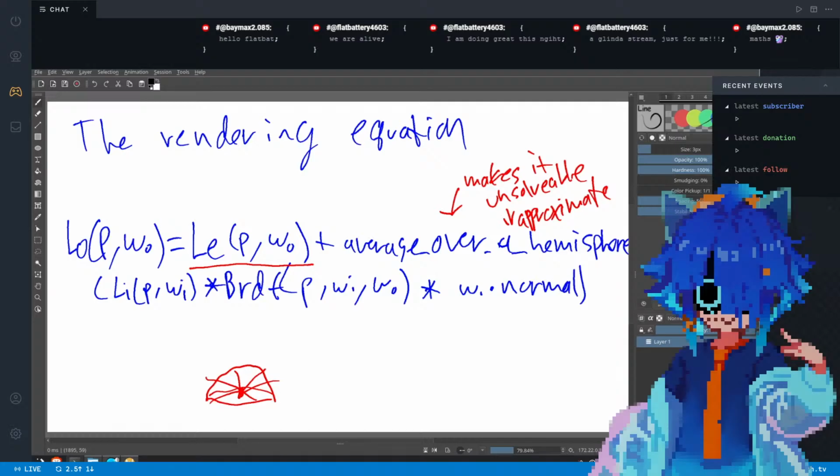So what are we actually computing as we do it for every direction inside of this semicircle, inside this hemisphere? Well, we're taking the light that's coming in, okay? And we're multiplying it by a bidirectional reflectance distribution function.